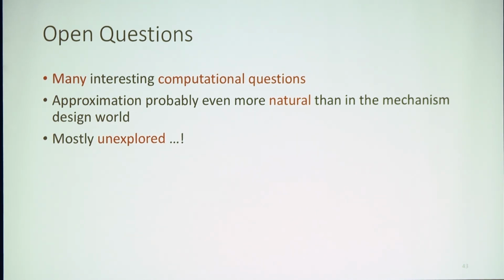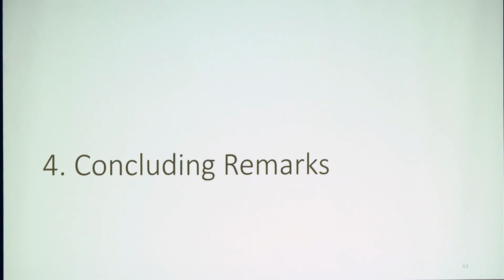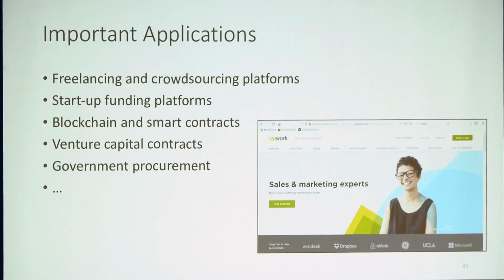All right, so let me wrap up very briefly. Concluding remarks. There are very important applications of contract theory. Contracts are everywhere, as Imbert said in the first half. It's increasingly moving towards e-commerce and online applications, so that's something where computer scientists naturally play a role.